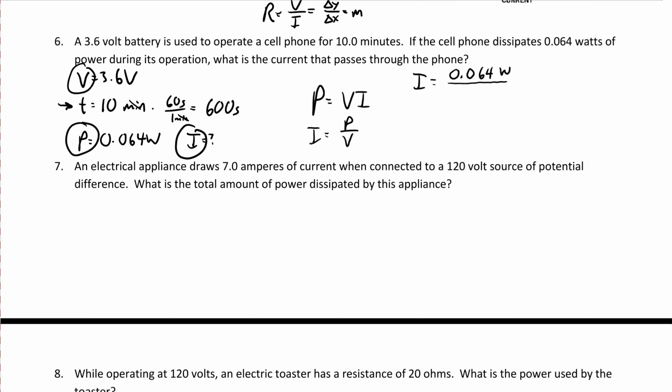Divided by the voltage, 3.6 volts. And you're going to get 0.017 repeating amps. Or if you wanted to be super fancy, 1.78 times 10 to the negative 2 amps.